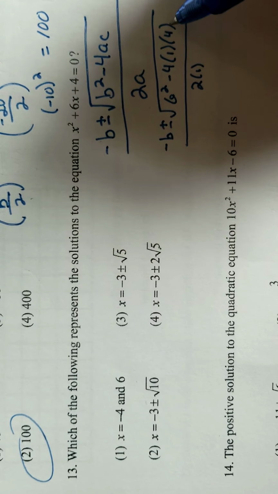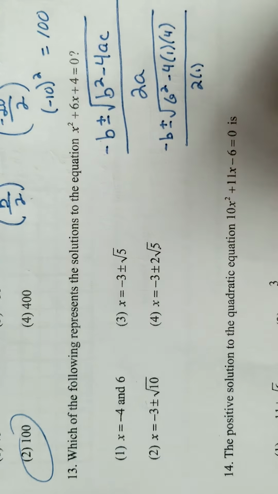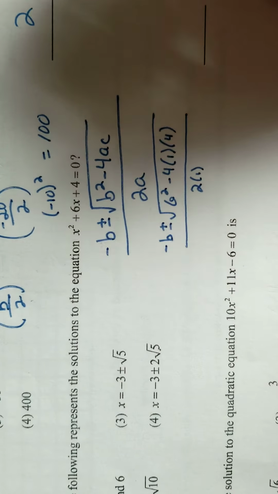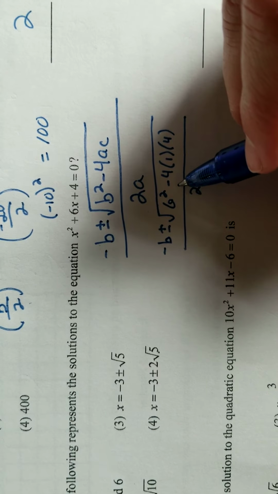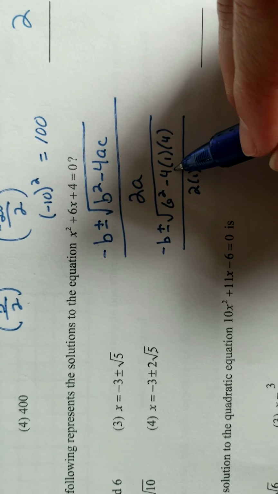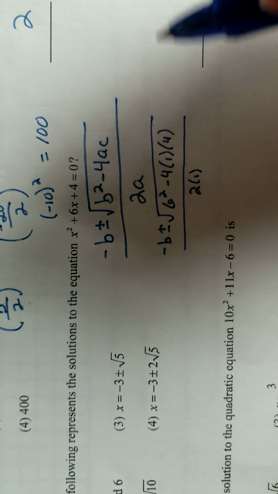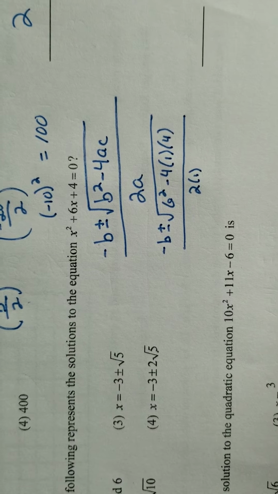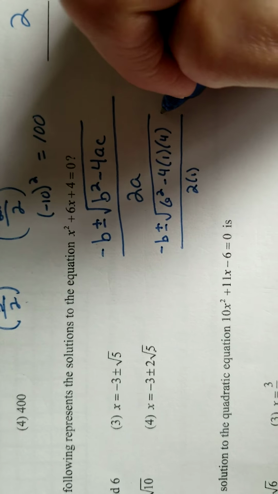So you always want to do what's underneath your radical first, just to see how many solutions you have. So here, 6 squared gives me 36 minus 4 times 4, which is 16. 36 minus 16 gives me 20.